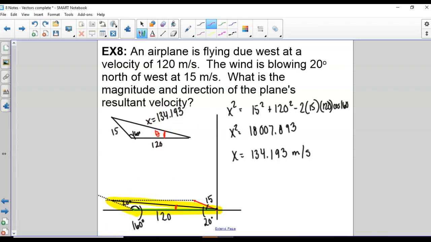So, Elena, if we want to find that angle right there, what are we going to use? So, how would we set it up?